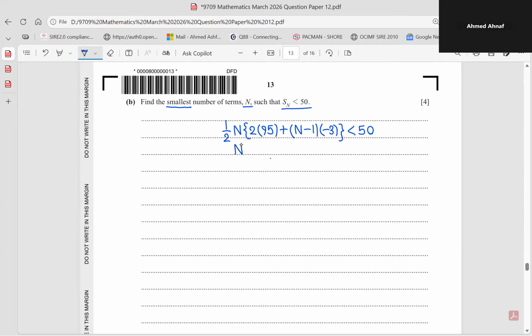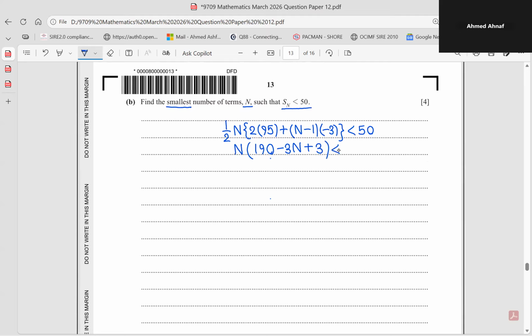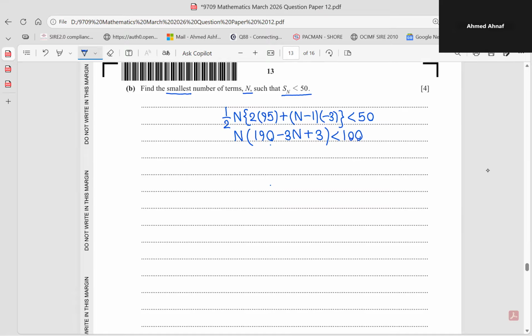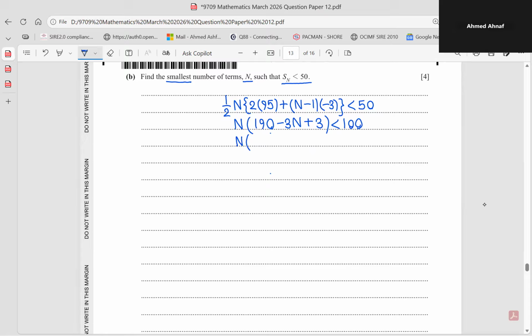Okay, so this is N times 2 times 95, so 190, plus N minus 1 times negative 3. So this is negative 3N plus 3, less than, so as you can see, I didn't write the half because we actually multiply by 2 on both sides. So 50 times 2, that's going to be 100. Okay, and simplify and expand everything now.